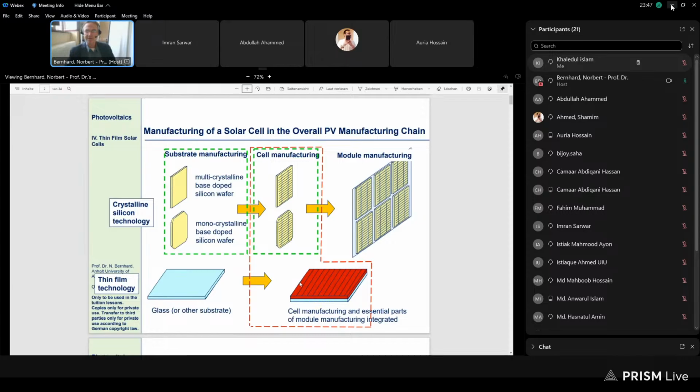This is just pictures of such thin film modules, how they look. You see they look different. We don't see this single cell structure because the whole area is made in one production process. And in the middle, you see an older First Solar module. All these typically have a dark color.